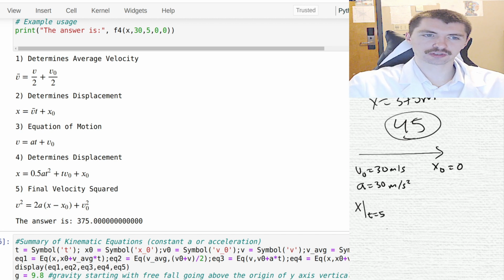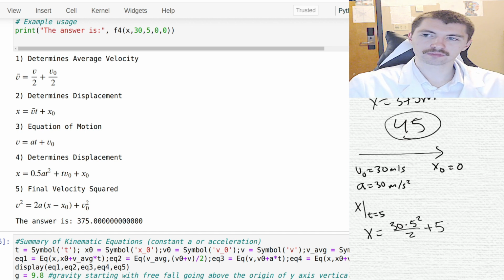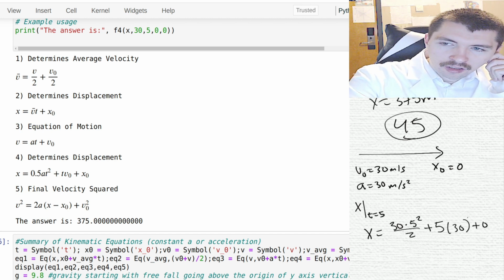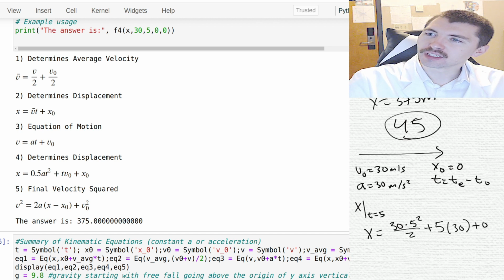So we could do 30 times 5 squared over 2 plus 5... So t, I'm thinking it's t end minus t beginning.